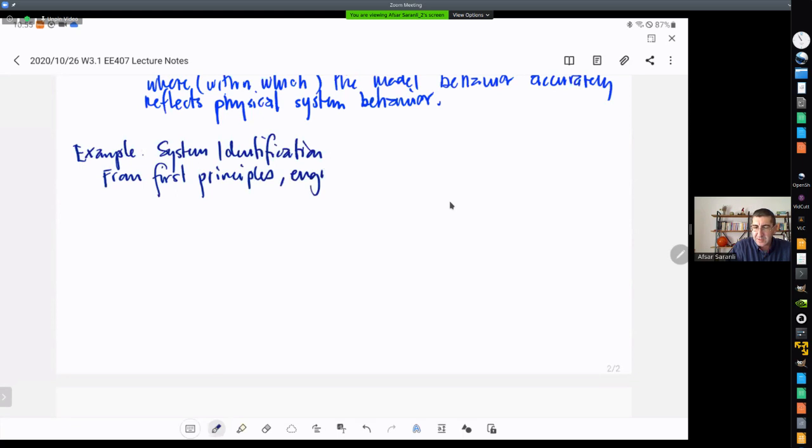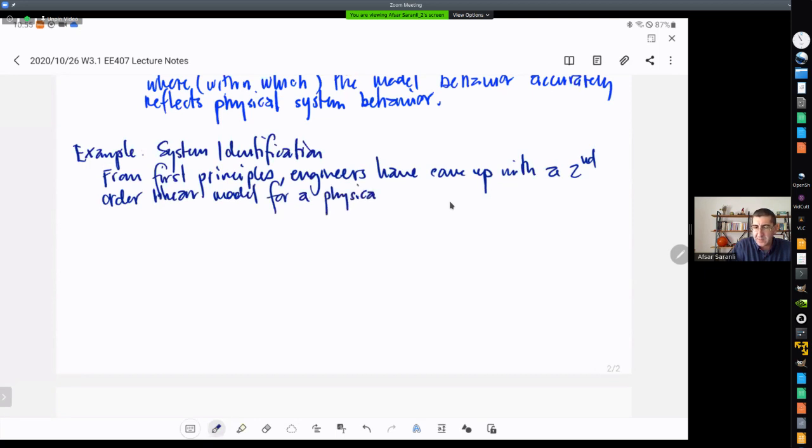Engineers have come up with a second order linear model for a physical system.